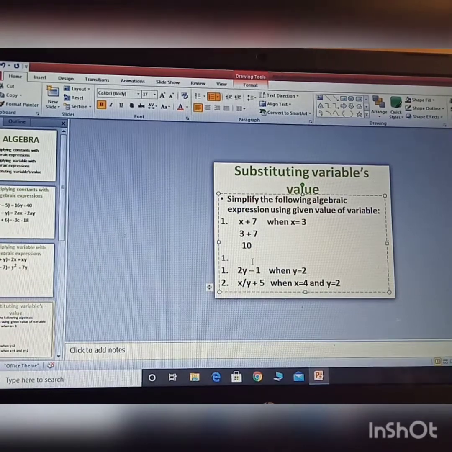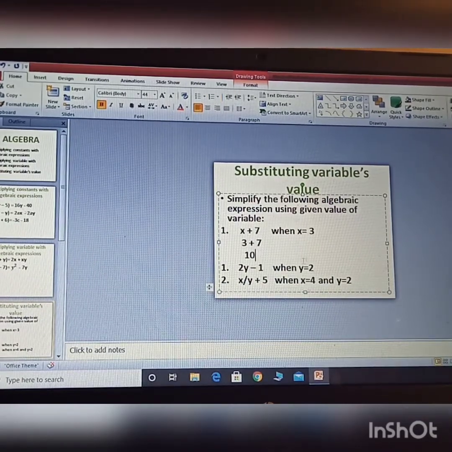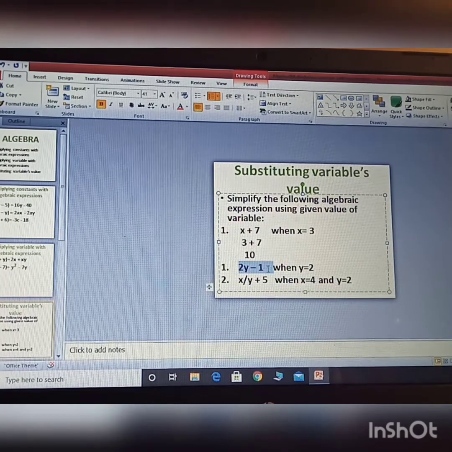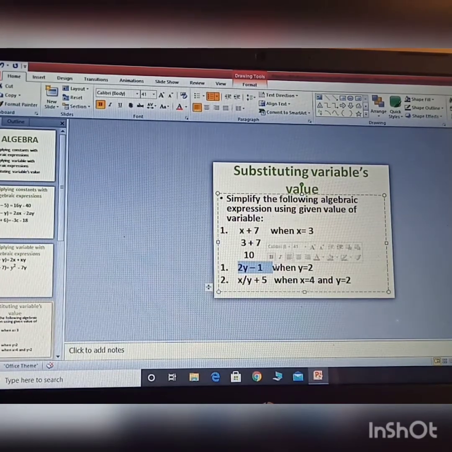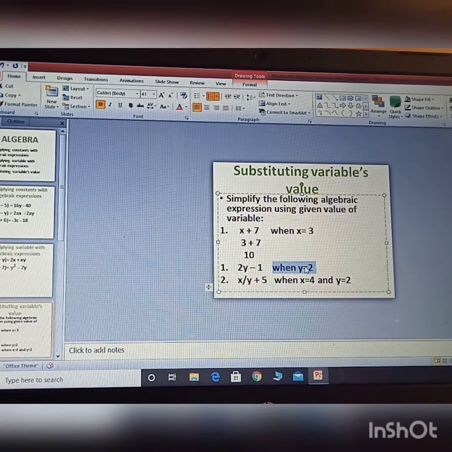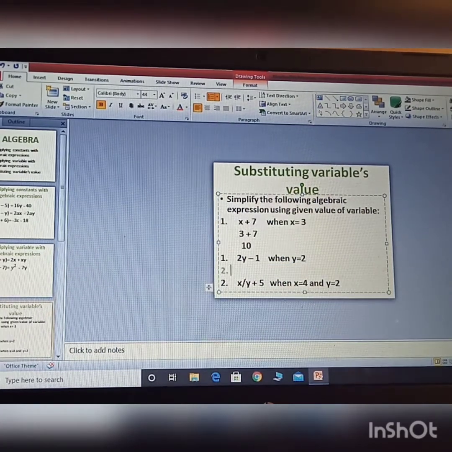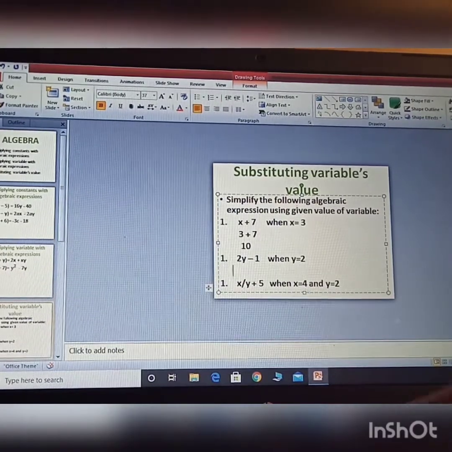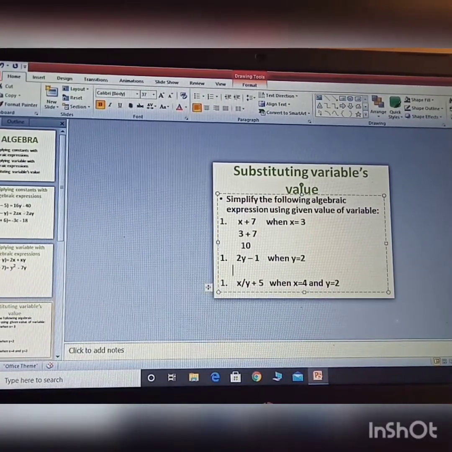Let's do the second example. Yes, this one is the second example. 2y minus 1 is the given expression, and you are supposed to substitute y equal to 2 within this expression. So I hope you people can also do this simple work mentally with me.